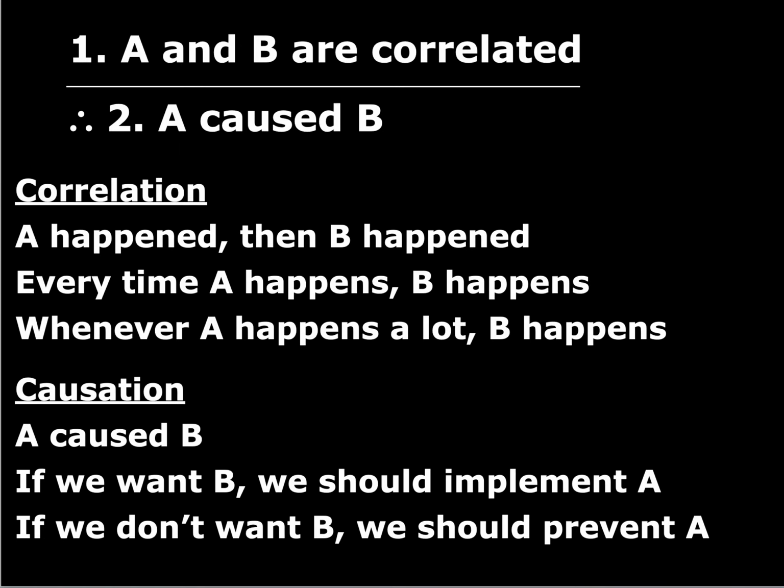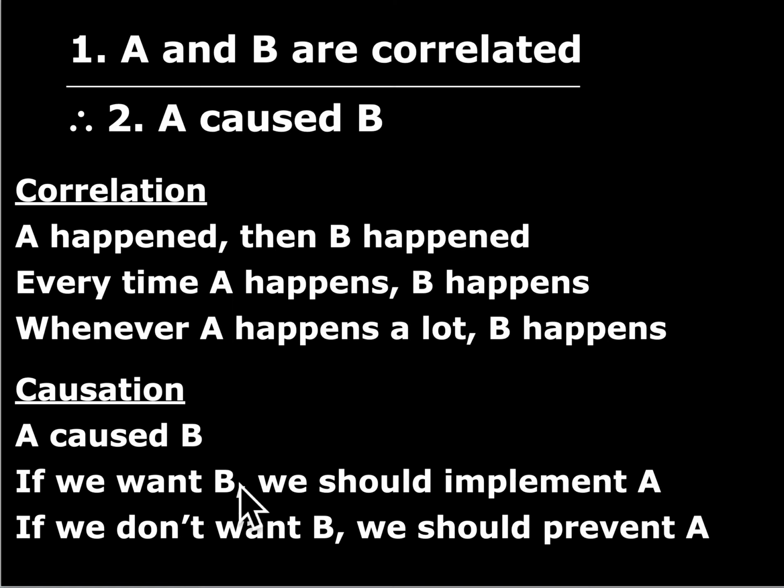What about the causal claim? Sometimes the person might just use the word caused: A caused B. Usually it's in terms of control, though. If we want B, we should implement A. So I'll say, every time we've elected a president from Party X, the economy booms.